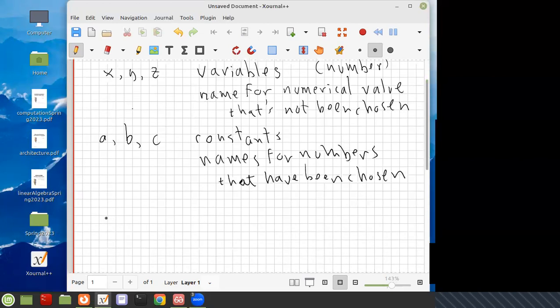Now, if I can put these things together, like 7x, 8x squared, or like z to the -1, these are all what we call terms.